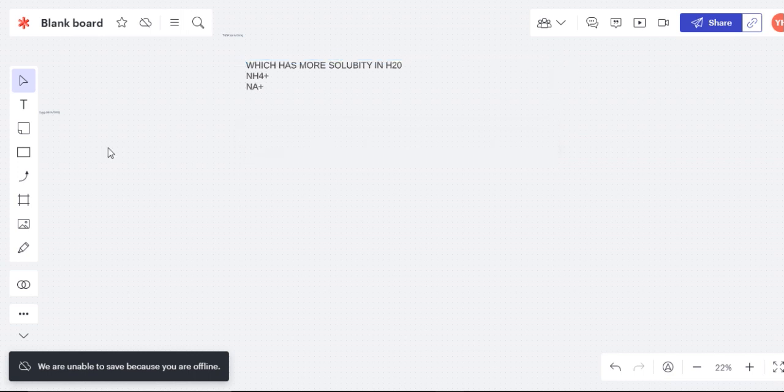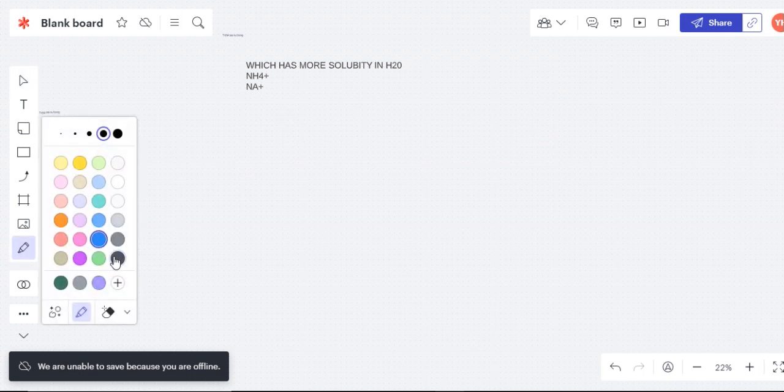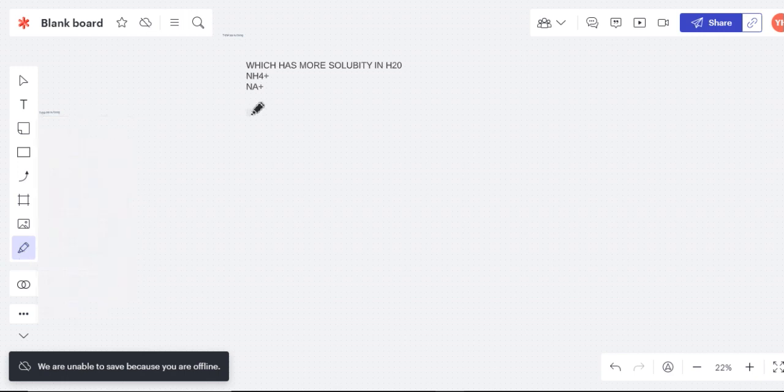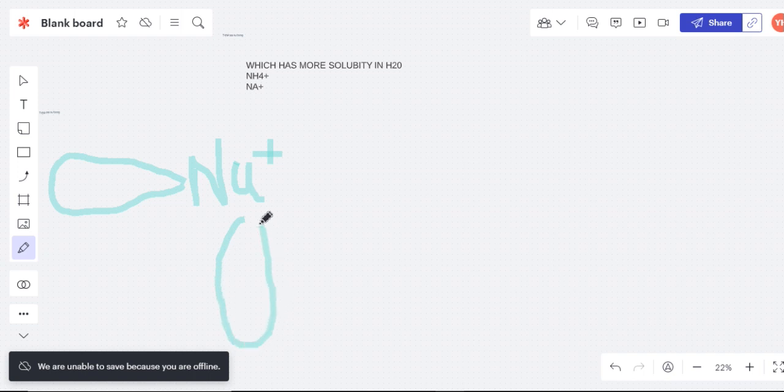So let's create a structure here so that we can have an idea which one is right and which one is wrong. First I'm going to make the structure of Na. We know that Na is a sodium ion, a cation. The water molecule is surrounded by this cation, something like this. This is only an example, right?